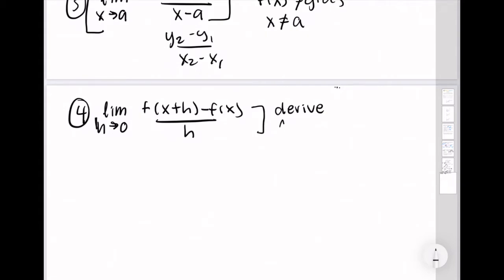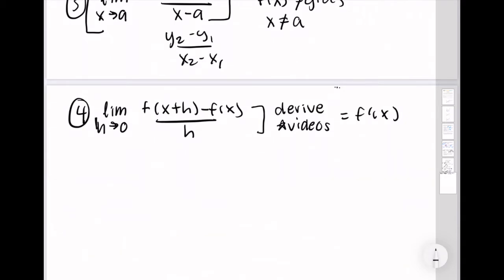There are multiple videos that you can look up for how to derive this, or if you want one, just email me. But I'm not going to explain it here since I'm on a time crunch. However, you still definitely have to know this. Like I said, I've come across problems where it's like, find the derivative using this, and I'm like, I have absolutely no idea what this is. But essentially, this is equal to f prime of x. So we'll do an example problem with this equation. But you're definitely going to have to know this.